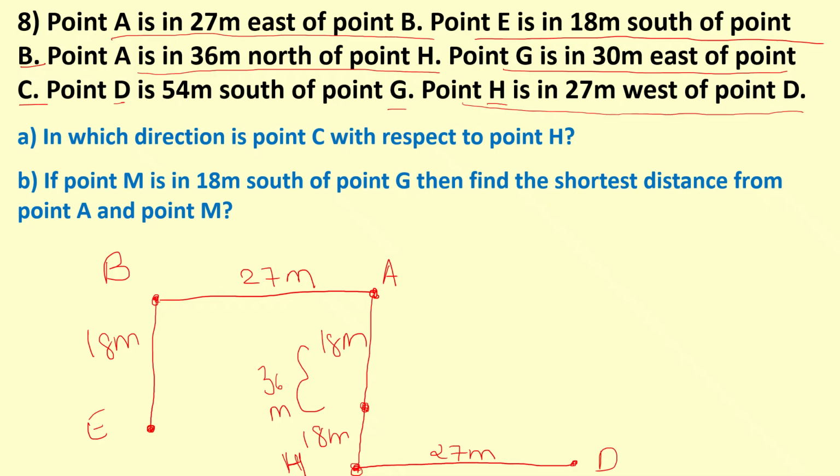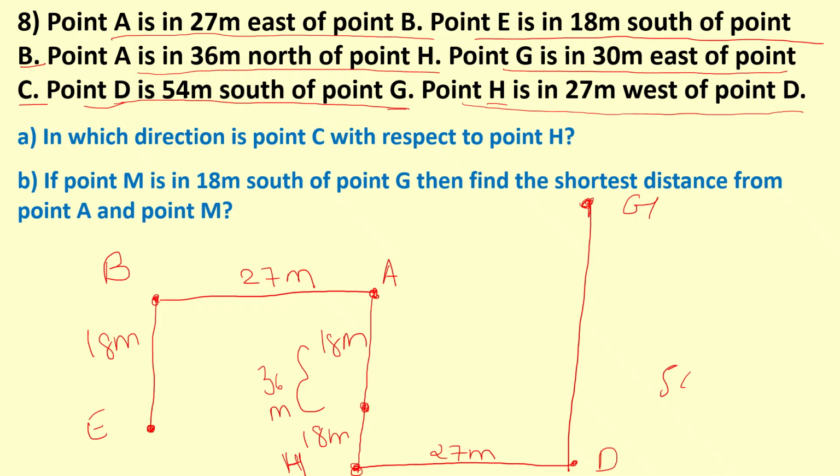Next, now we got D, correct? So here, now second last sentence we can draw. Point D is 54 meters south of point G. So I'll place G somewhere here. So if I place G somewhere here, then 54 meter south will be your D. So if I bring till here, this is 54 meter total.